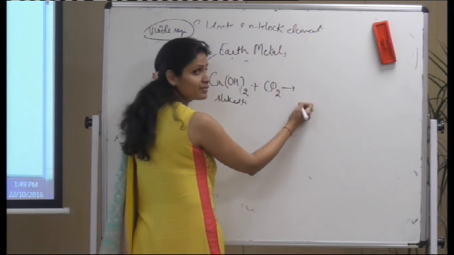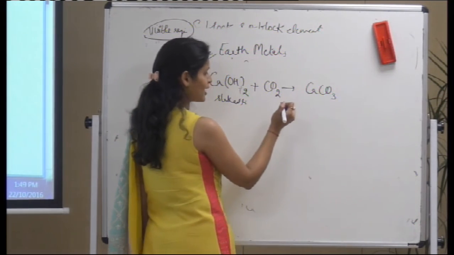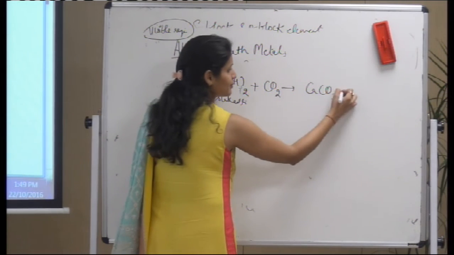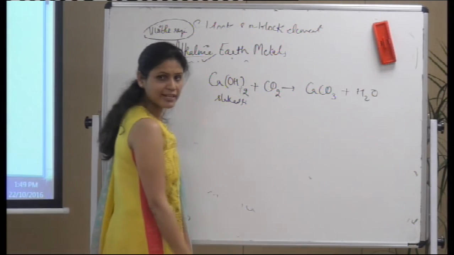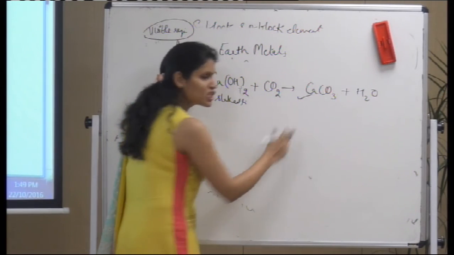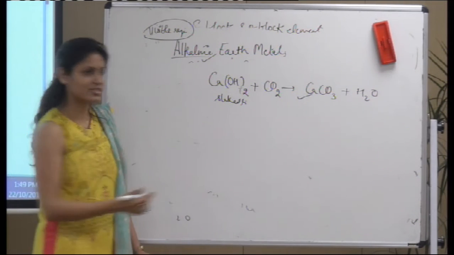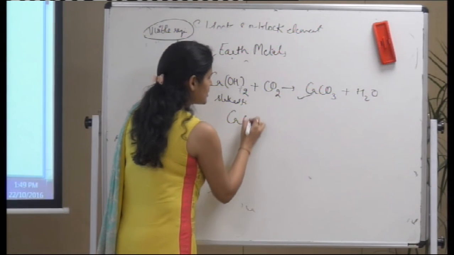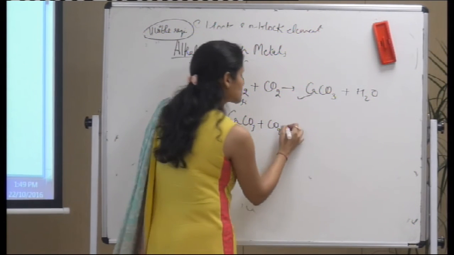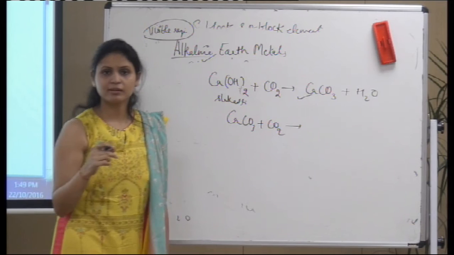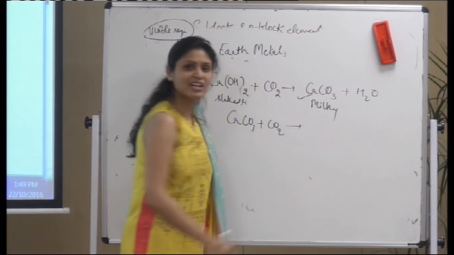It will turn milky, that means it will form calcium carbonate plus H2O, right? And there is another extension to this reaction. If I pass more carbon dioxide, that means CaCO3 plus CO2, to this solution, the lime water, which was milky, will again turn into a transparent solution.